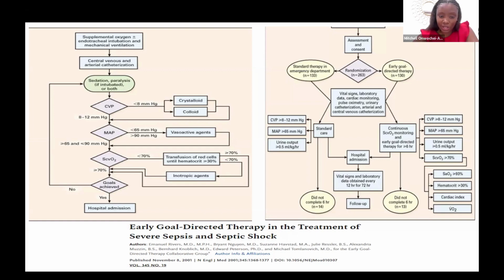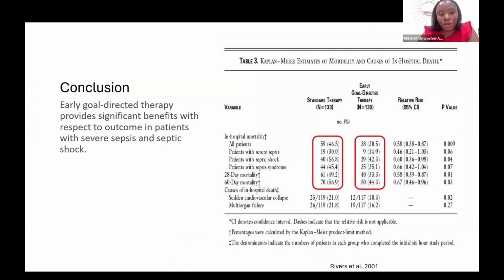So they compared patients who went through this algorithm versus patients who were managed with the standard of care, which was looking for a MAP greater than 65, a urine output of 0.5 mL per kilogram per hour, and a CVP of 8 to 12. And he found that there was improved mortality in those who went through early goal-directed therapy.